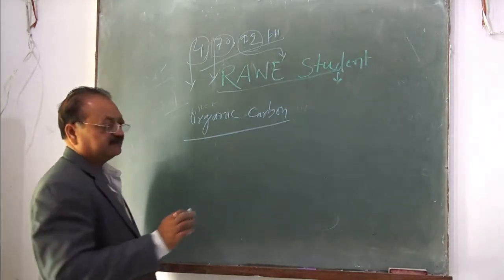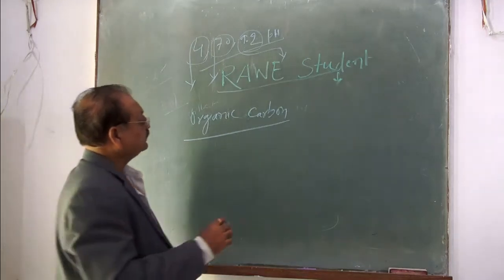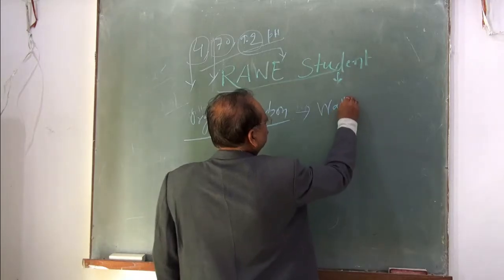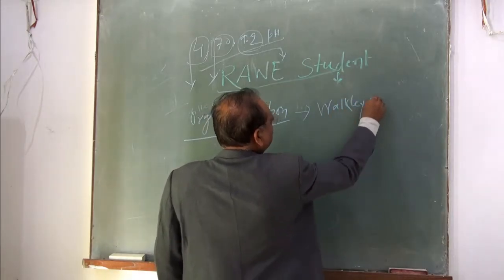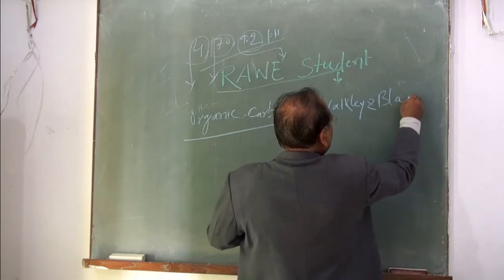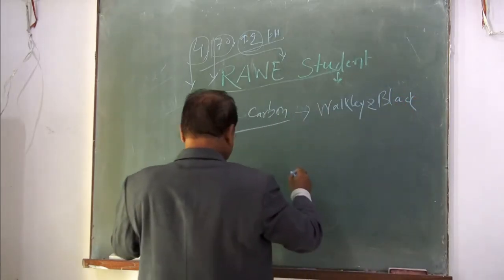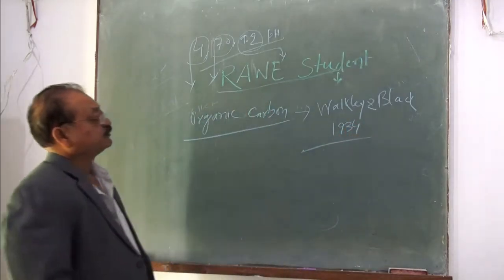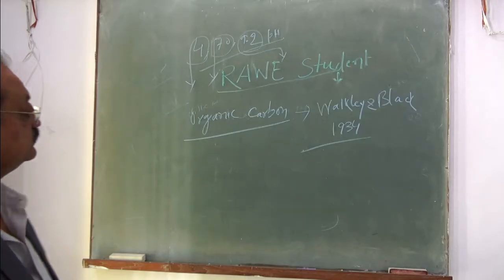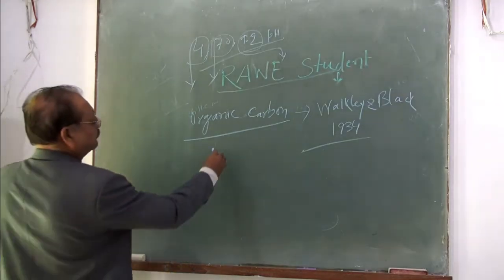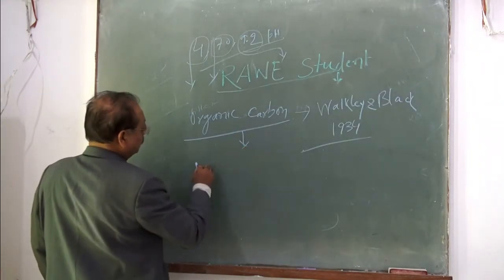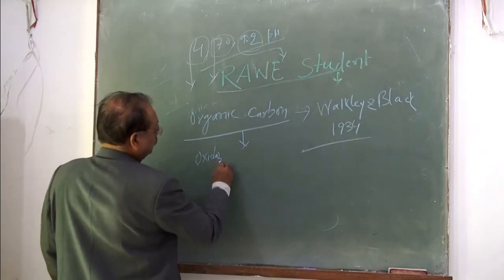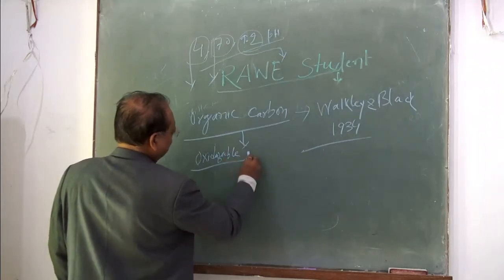This methodology for determination of organic carbon was given by Walkley and Black in the year 1934. This methodology is also known as determination of oxidizable organic carbon.